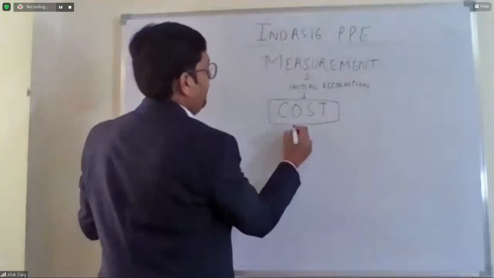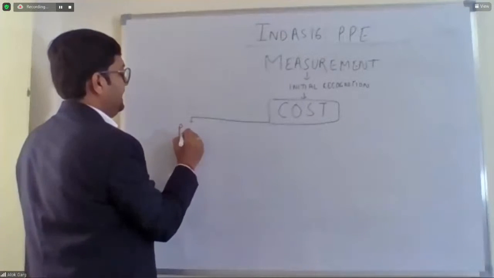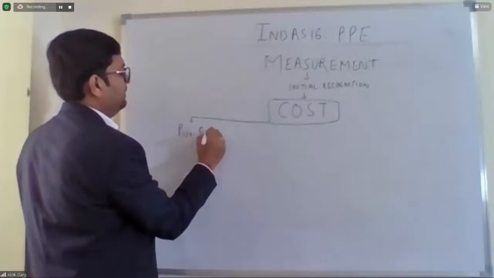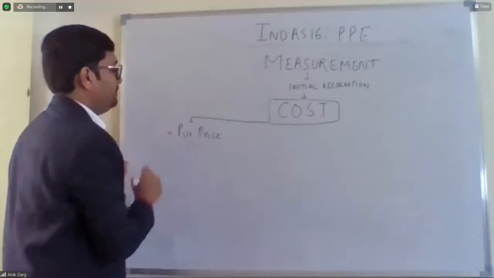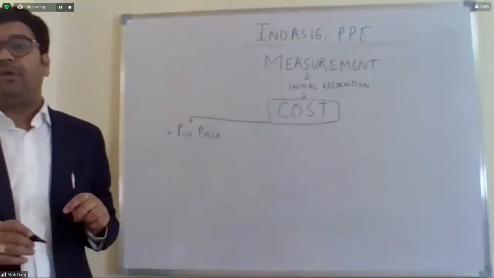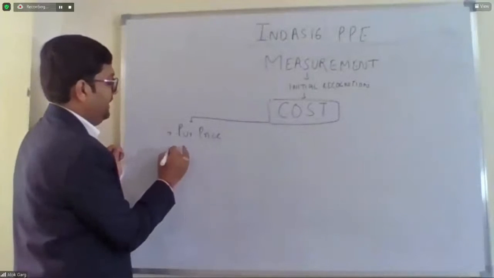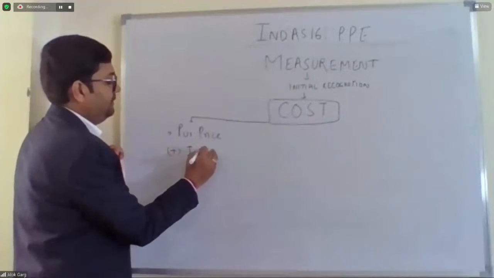So cost includes purchase price, including import duties and taxes. If there are any import duties and taxes, they have to be added.